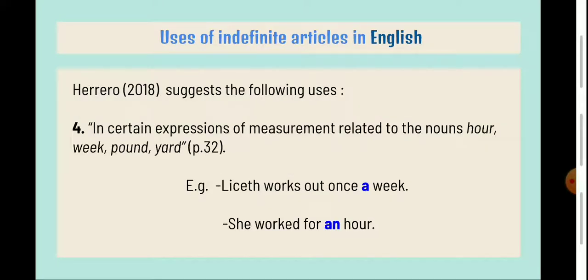Another use of indefinite articles is in certain expressions of measurement related to the nouns hour, week, pound, yard. Lisette works out once a week. She worked for an hour.